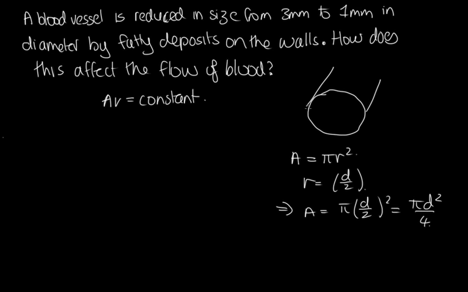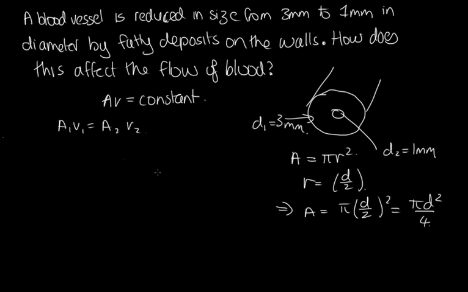So we know that we've got A1 V1 is equal to A2 V2. And when it's been reduced, we've got this diameter D2 is equal to 1 millimeter, and D1 is equal to 3 millimeters.